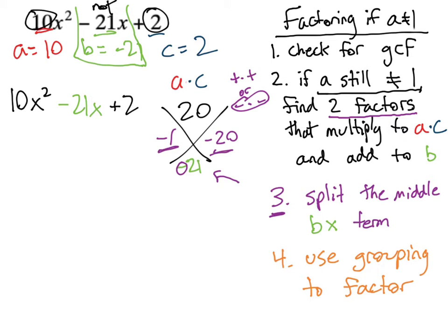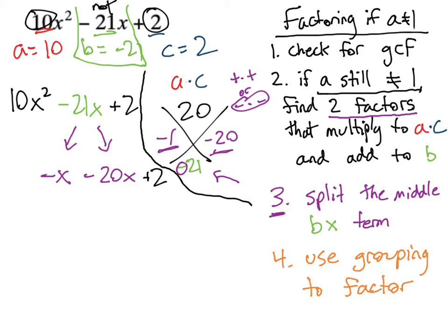So this negative 21x, we're going to split apart into negative 1x, or just negative x, and negative 20x. And we're able to do that because negative x and negative 20x are like terms, so if we did combine those together, we would just get back to this original negative 21x that we had.